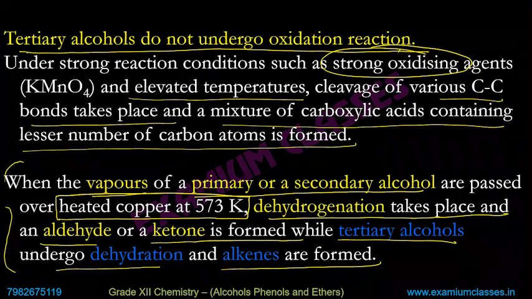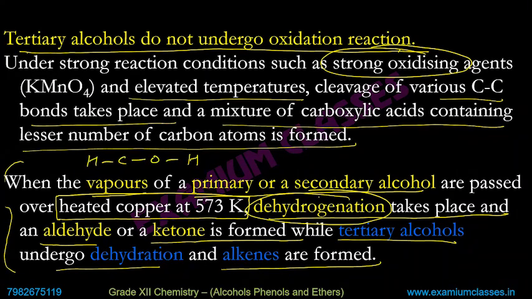So dehydrogenation and dehydration, these are two processes. Because here in this case, primary and secondary dehydrogenation happens. That's why you get aldehyde and ketone. And remember what I said, we are talking about both bonds got broken. So you got C double bond O and H2. I'm talking about this part, dehydrogenation.